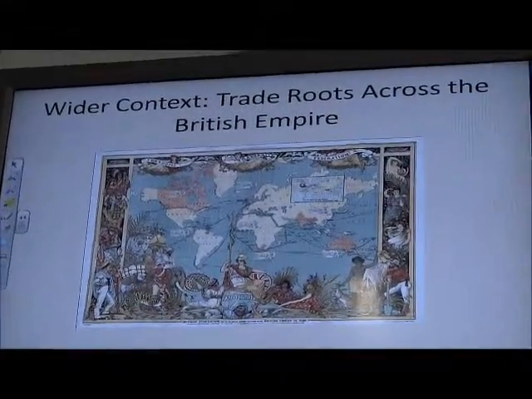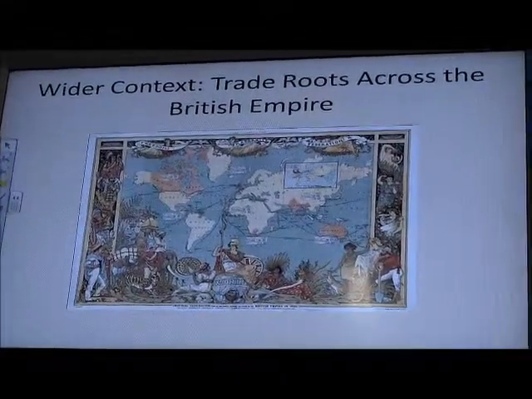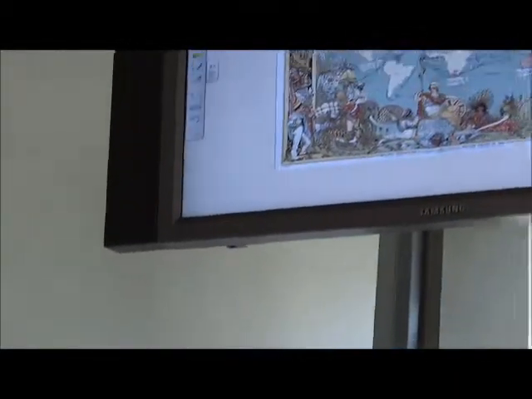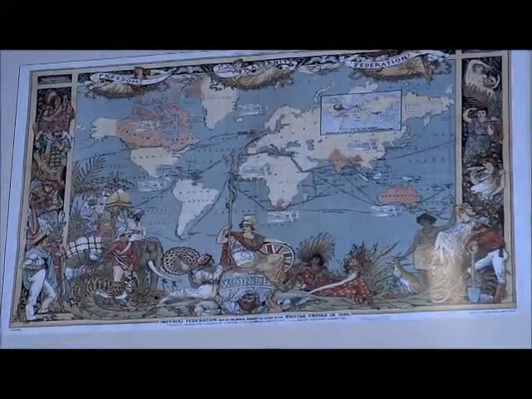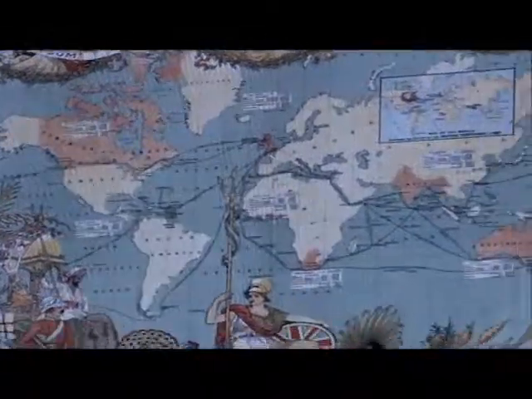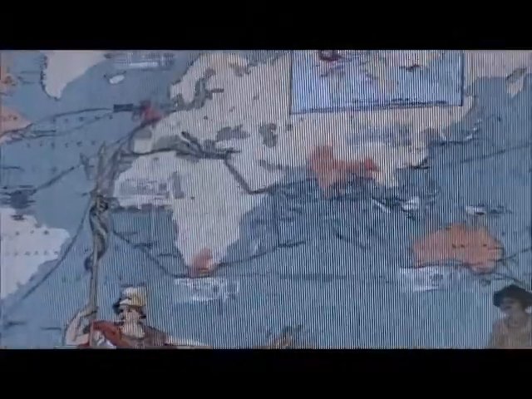And you can see that even in very ornate maps like this, which is clearly a political map, they're trying to make a political purpose about dominance, subordination, grandeur, wealth, status. Even in this kind of map, what the map is actually illustrating is trade routes. And you can see that through the arrows, and if you look at all the trade routes that go from India to Britain, a lot of them are cotton-based. That's what's going on.